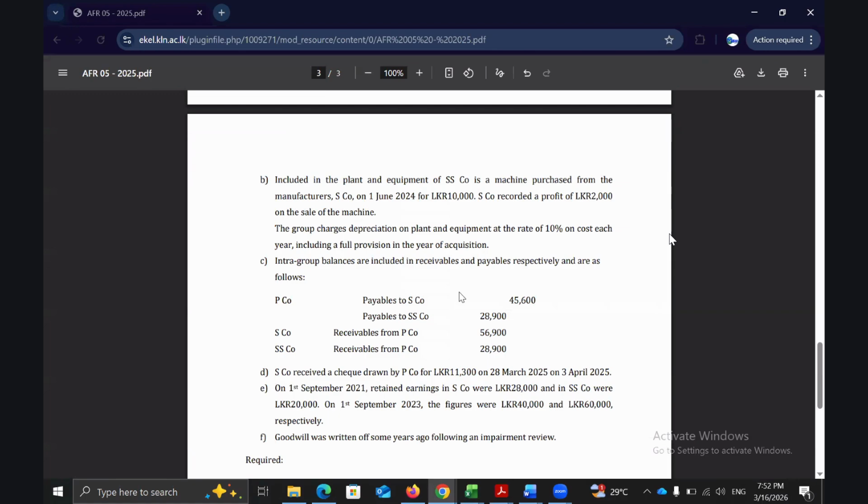and are as follows. Then in the receivables of S company and SS, we have receivable from P intragroup 56,900 and 28,900. Then we need to eliminate these two balances. Then the P balances දෙක එළියට ගන්නවා. තේරුණාද?